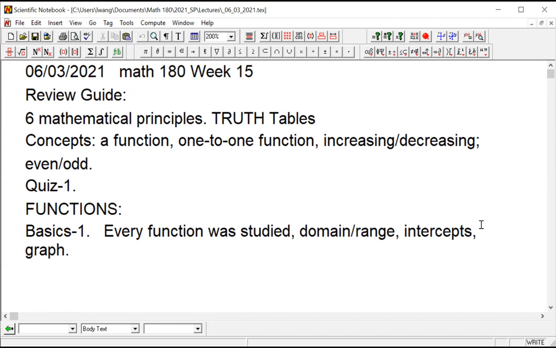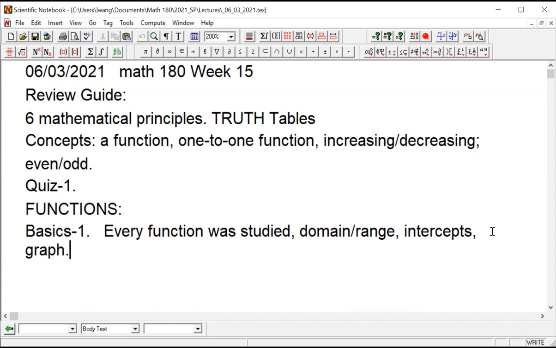And which function will show up first in your calculus classes? So all of those indicators, we studied for every function at the beginning of the semester, every one of them.